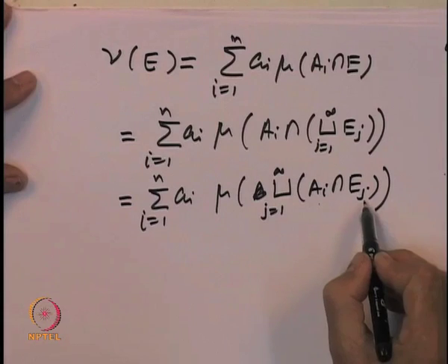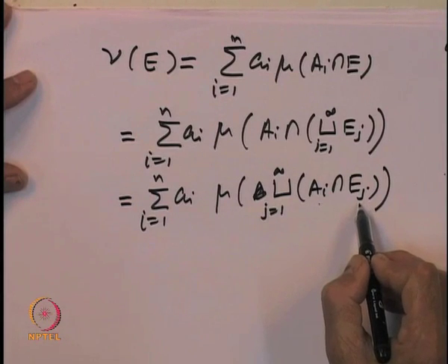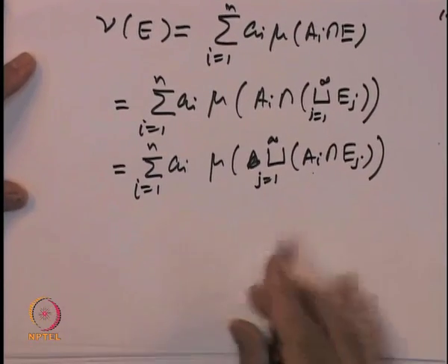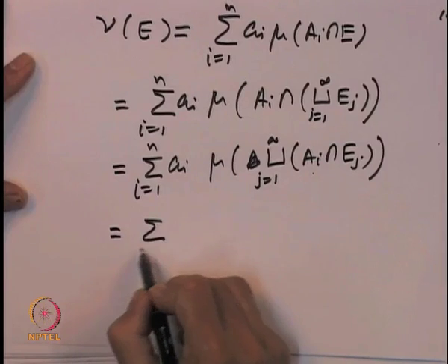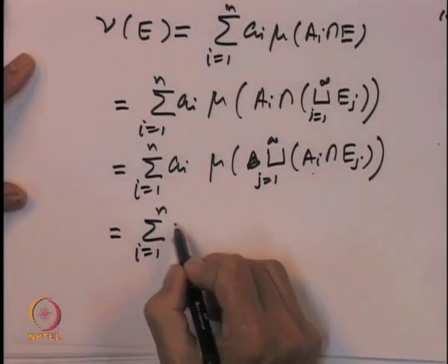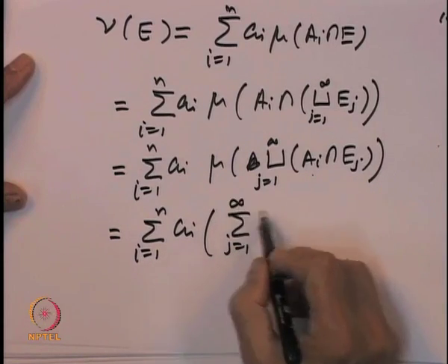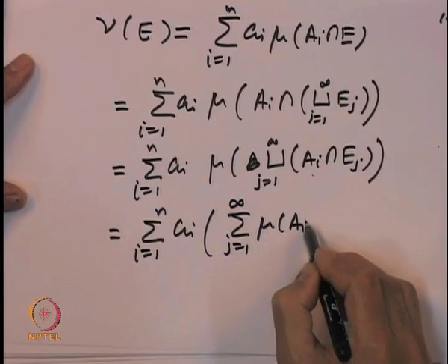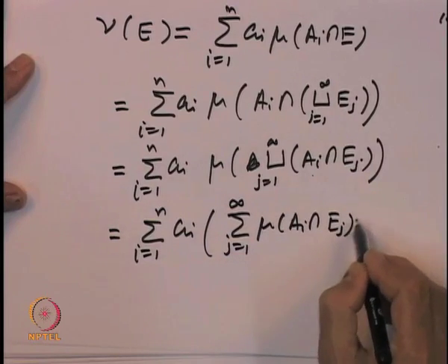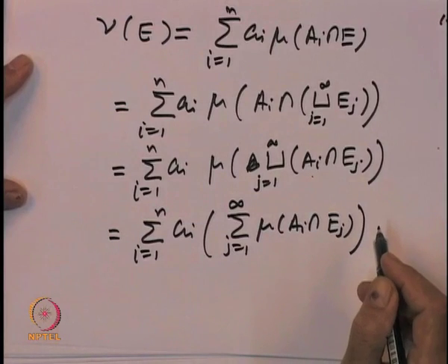So, this is a countable disjoint union of sets in the sigma algebra. By the countable additive property of the measure mu, this term is equal to summation i equal to 1 to n a_i summation j equal to 1 to infinity of mu of a_i intersection E_j, right.